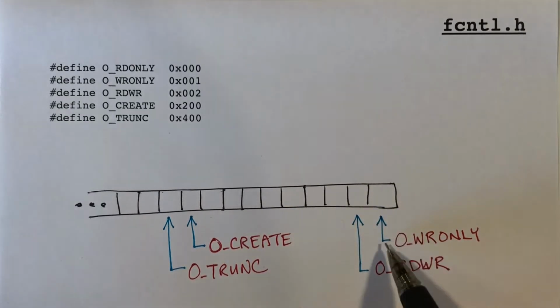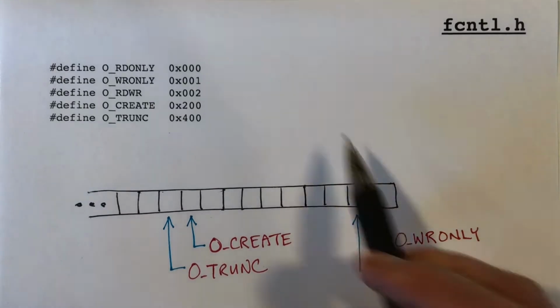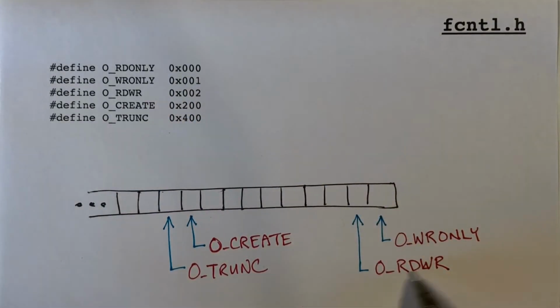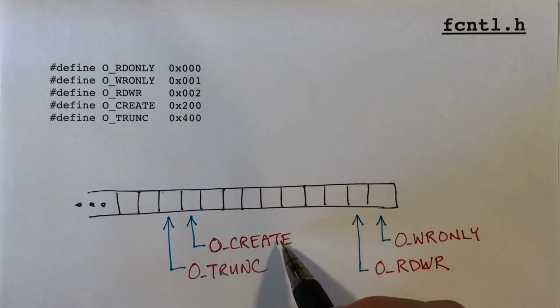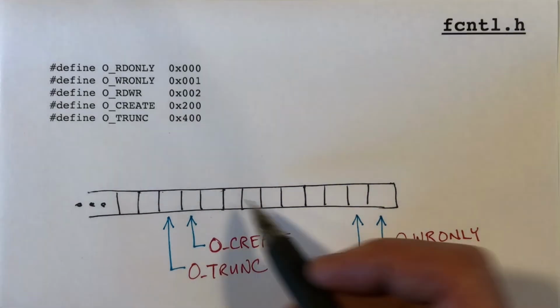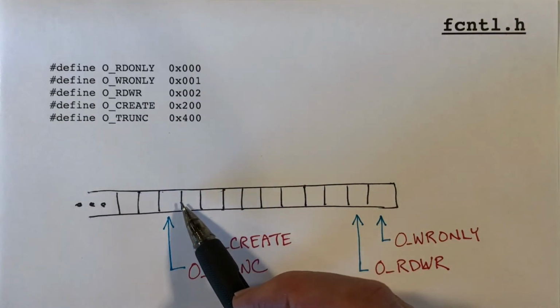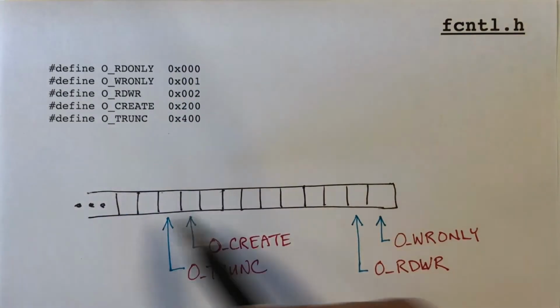If this bit is 1, then the file should be opened write only. So write only is that bit. If this bit is 1, then the file should be open for reading and writing, and that's this bit. And if this bit is set, we should create the file if it doesn't exist. And if this bit is set, we should truncate the file to size 0 if it exists. And finally, we have this read only, which is no bits set at all.